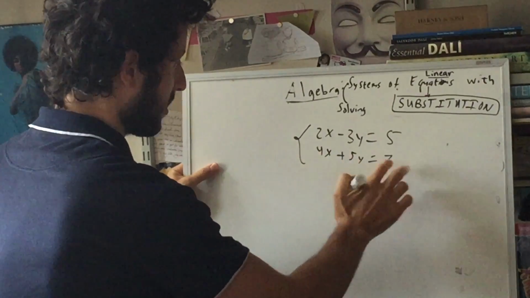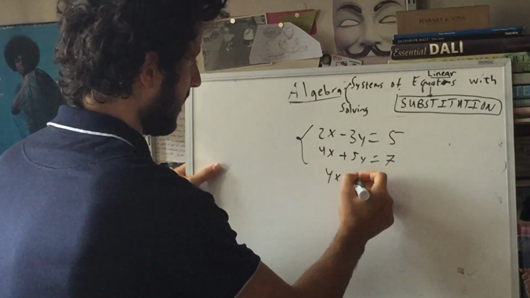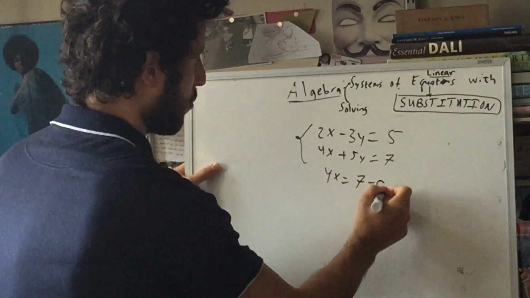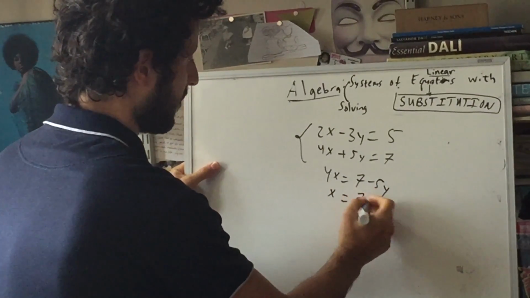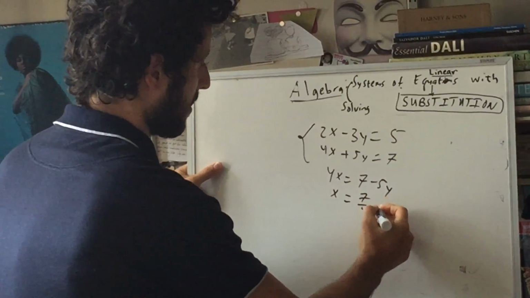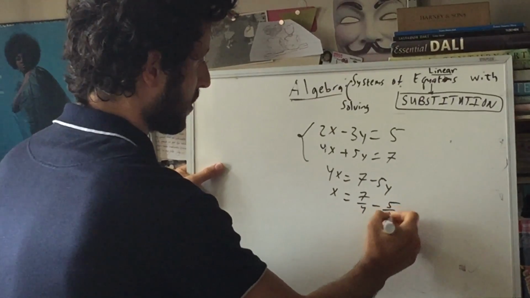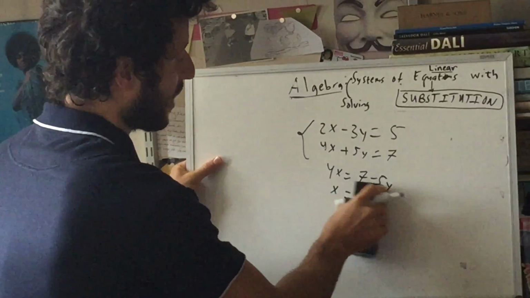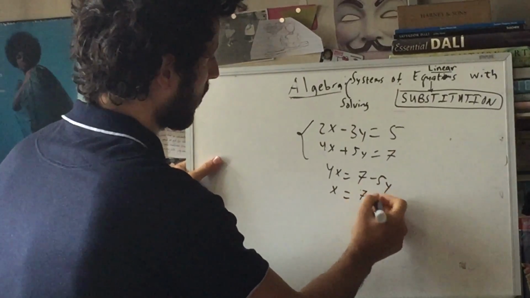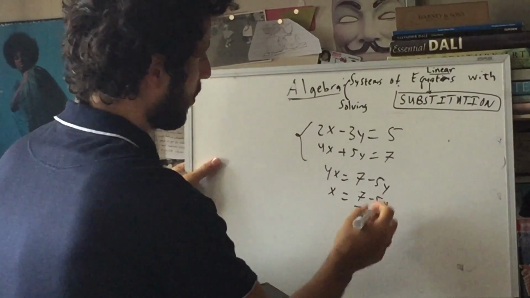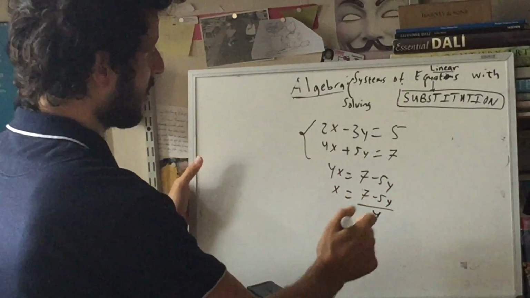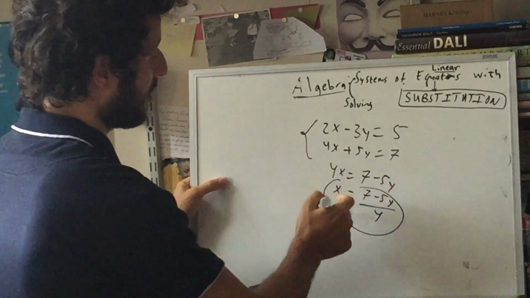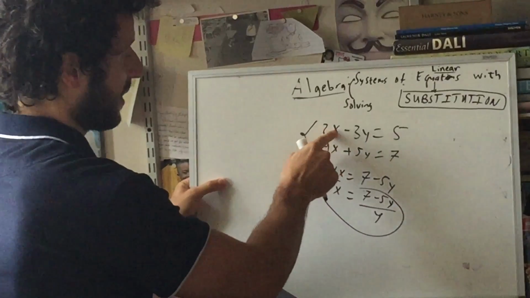So we're going to move this over. 4x is 7 minus 5y. x is 7 fourths minus 5 fourths y. We could also just keep all of this over 4, so you could write it this way or that way. It doesn't really matter too much. Then we're going to substitute this for x over here.